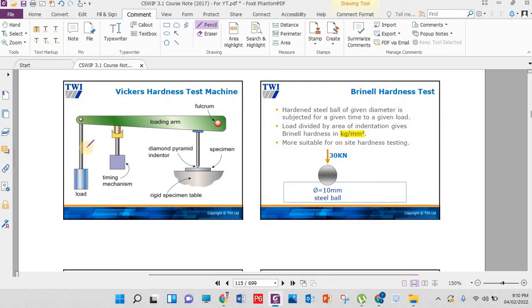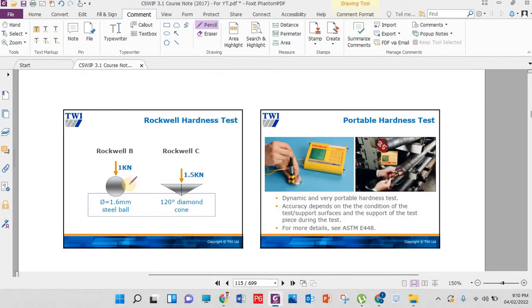You can see here we have the load applied. This is the fulcrum and load arm. Here we have the tip, or the diamond tip, etc. This is the table, and this is the specimen. Once we apply the load, gradually the load will increase. You can see here we have the steel ball, so there will be some circular indentation, 1.6 millimeters inside of the indentation.